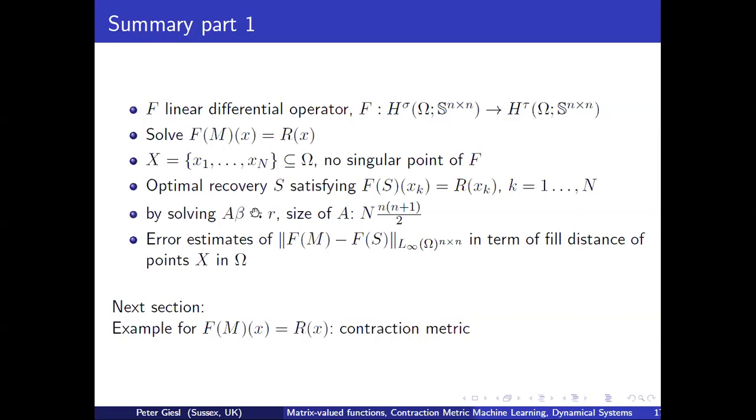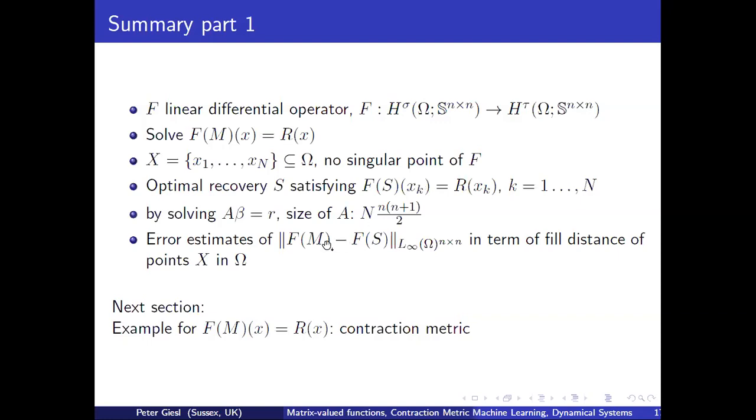We set up the matrix as we've done. We solve this. The size of the matrix is n, which is the number of points here, times the number of variables for a symmetric n times n matrix. We solve that in our reproducing kernel Hilbert space. We get our solution, and we have these error estimates of the error f of m minus f of s in the whole of omega.